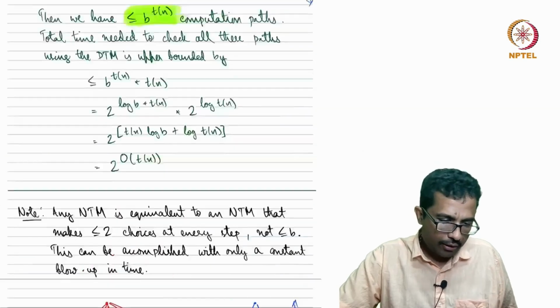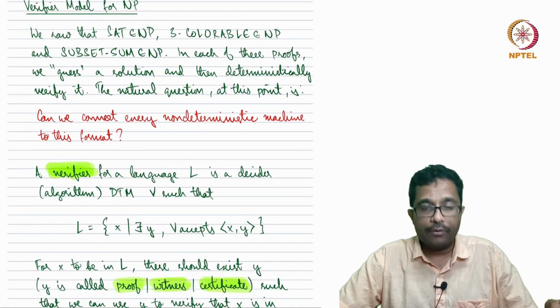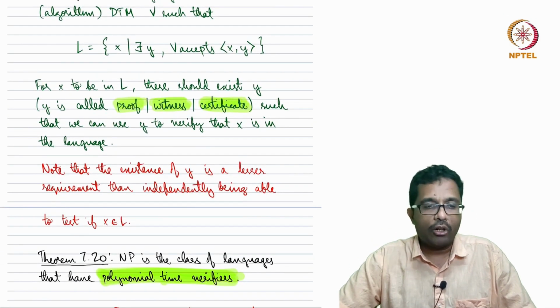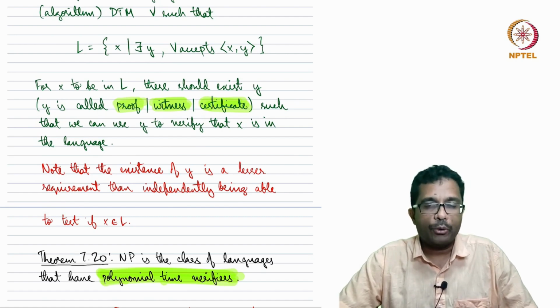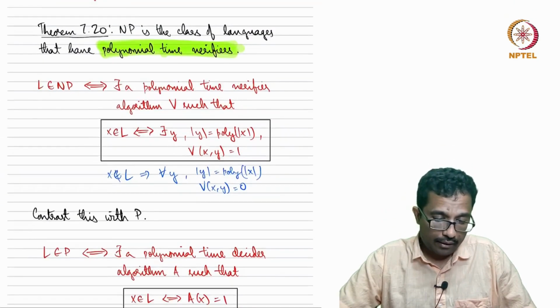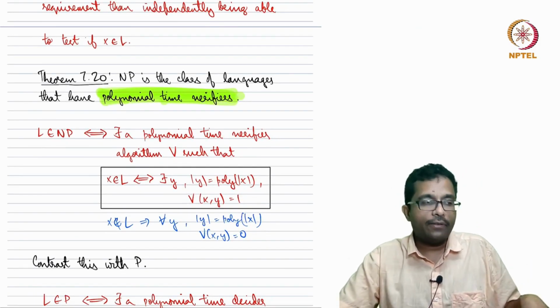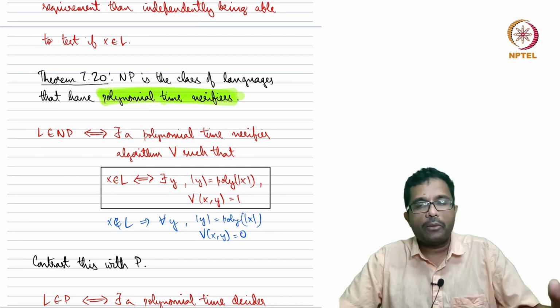So that is all that I have to say in lecture 47. First we saw the verifier model for NP, where we saw that every language that can be decided by a non-deterministic polynomial time Turing machine has a polynomial time verifier, and if a language has a polynomial time verifier, then it can be considered to be in NP, meaning it has a non-deterministic polynomial time decider.